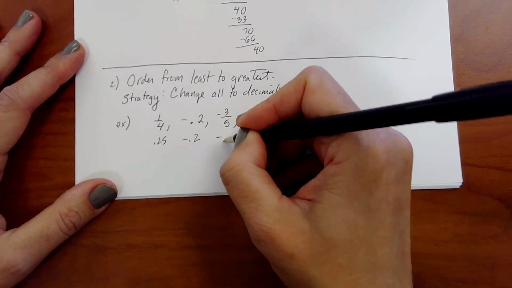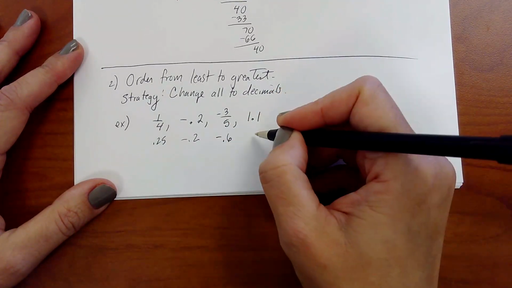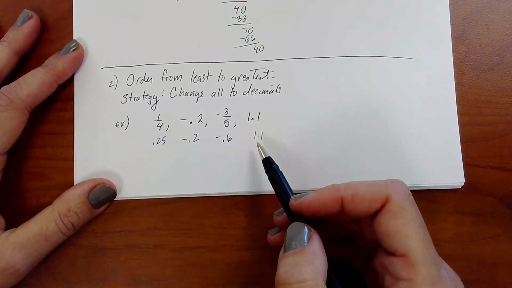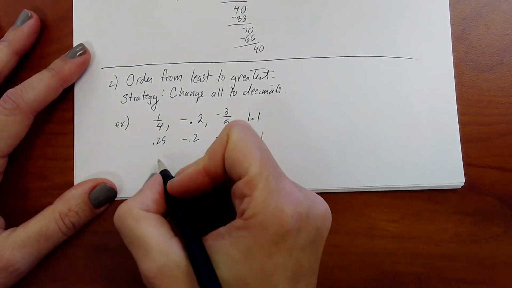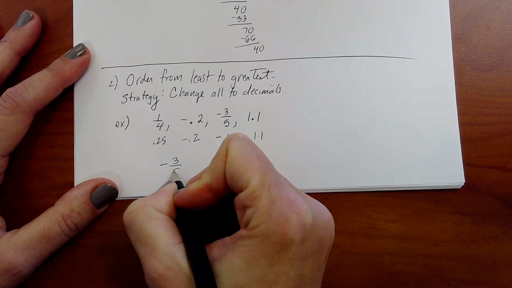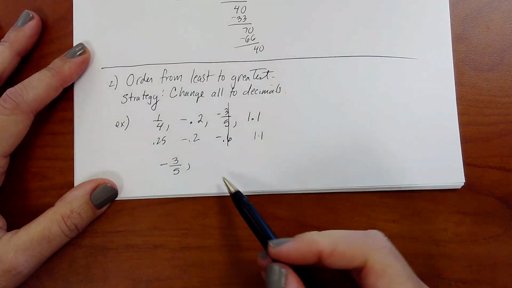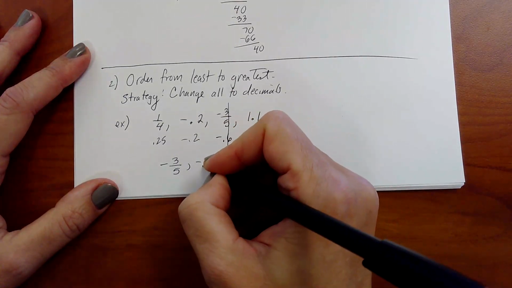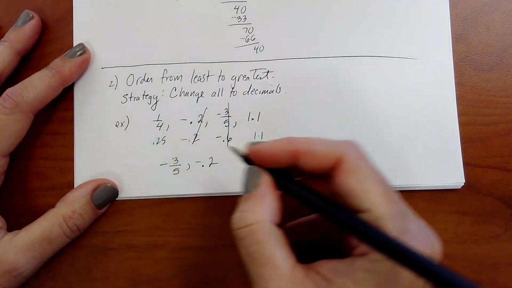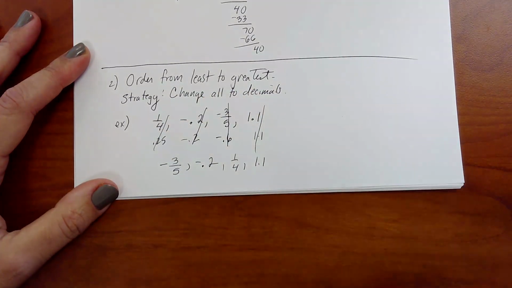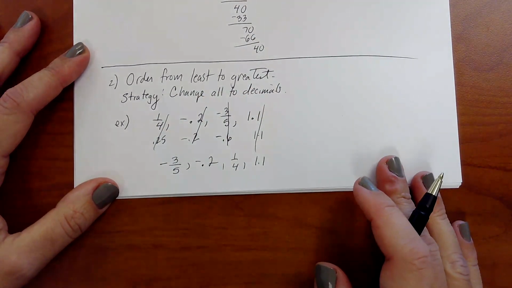So this is -0.6 and 1.1. All right, so which one's first? The least. It's actually this guy, right? The farthest negative. So that's done. Then we put the originals. Then we've got the -0.2. Then we've got the 1/4 and the 1.1. All right, so that's the idea here.